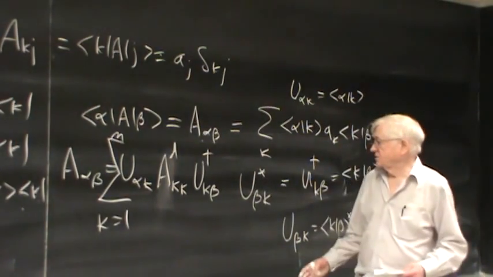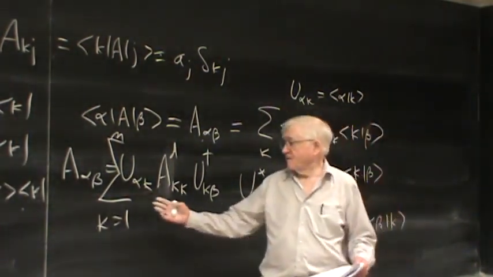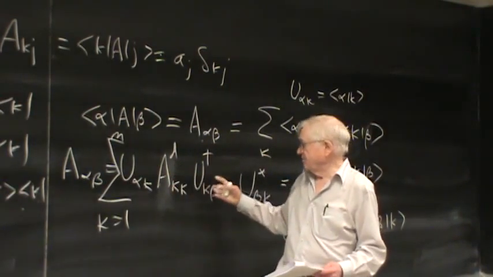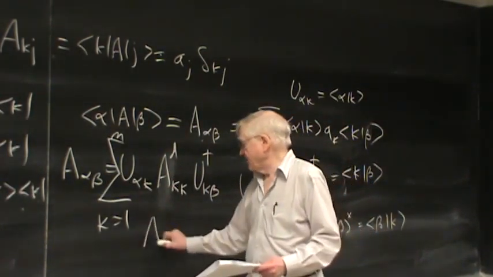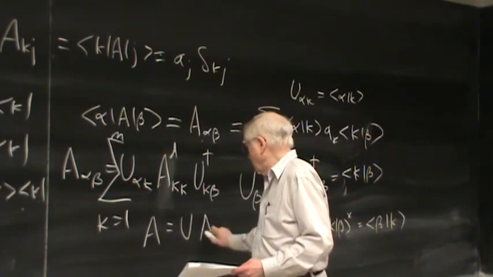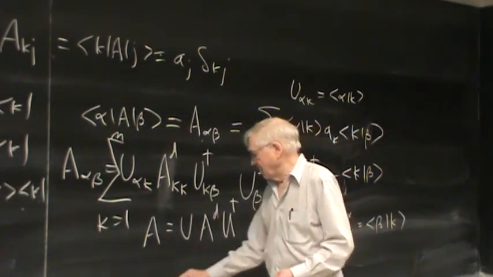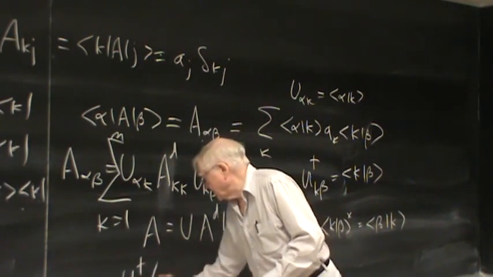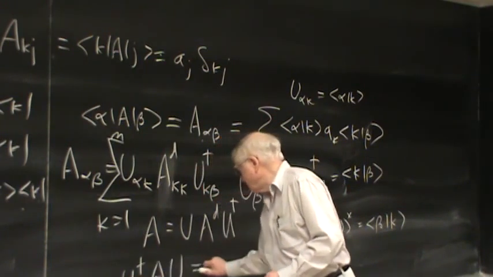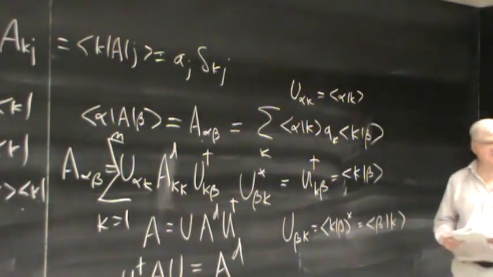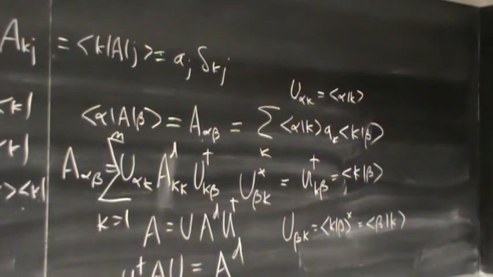In general, the matrix is a unitary matrix. It's diagonal form U A_diagonal U dagger, and then multiplying by U dagger, you get U dagger A U is equal to A diagonal. So those are the various ways of thinking about it.